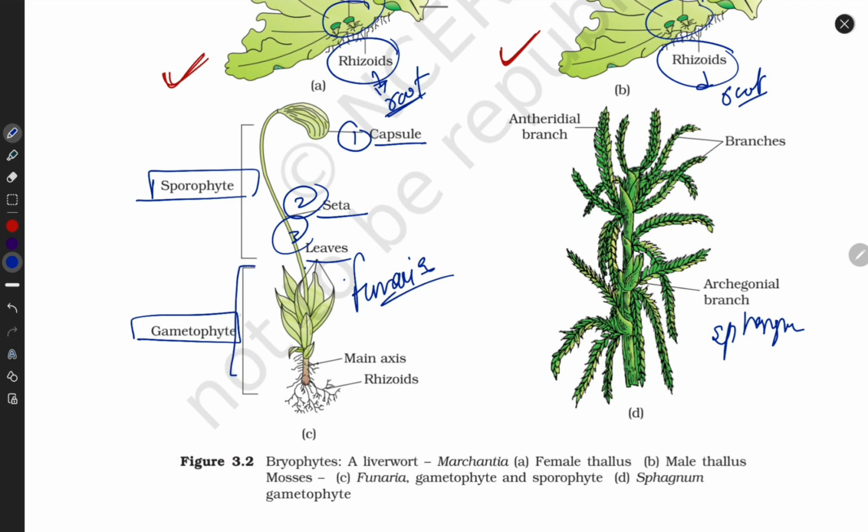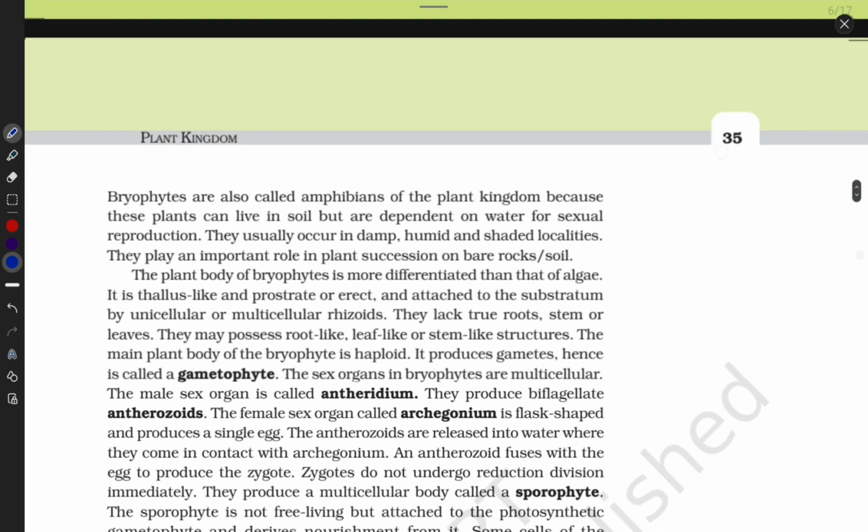This portion is the gametophytic part, which produces gametes. This is the sporophytic part, which produces spores. Clear? And this is the Sphagnum gametophyte plant. They have branches, archegonial branches, and so on. That's it.